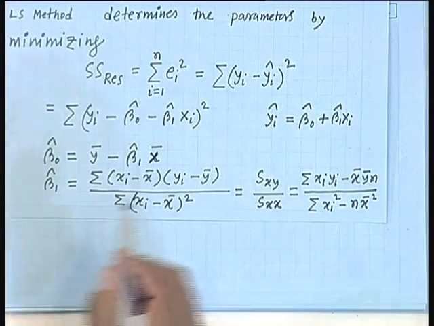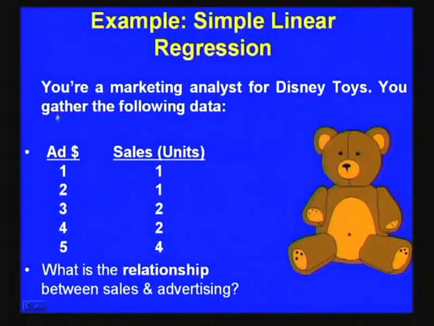Okay, so let us move to the toy example. This is the cost on advertising and this is the sales amount. So, these are the xi values and these are the yi values, and we want to fit a straight line model to this data.